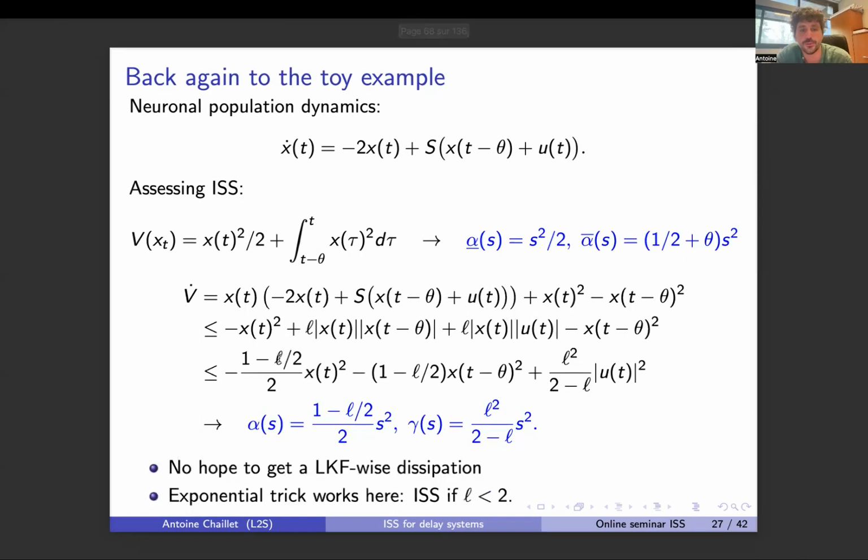Here again, there is no hope to get LKF-wise dissipation simply because this integral term does not show up. But we are in the situation where the exponential trick does work because the negative term we get here is proportional to the term that is under the integral here. So no doubt you can tune this Lyapunov-Krasovskii functional by putting an exponential here and conclude ISS. Okay.